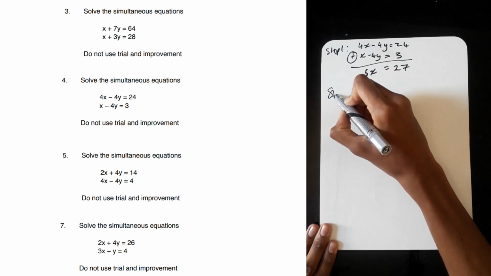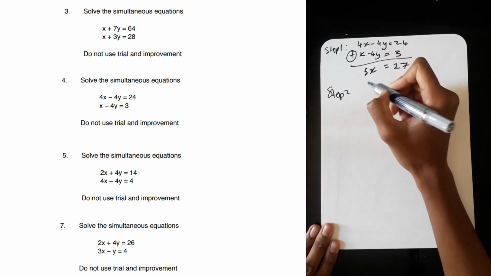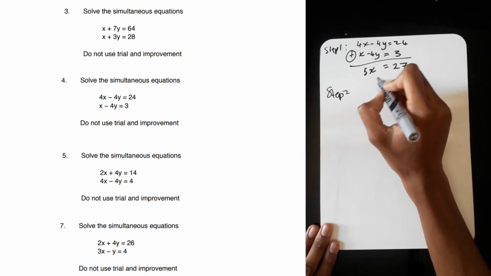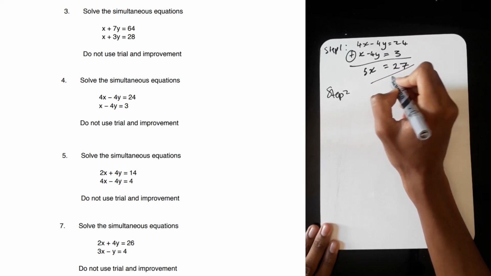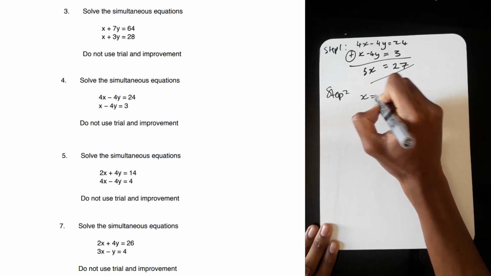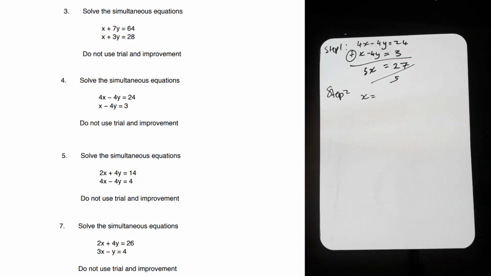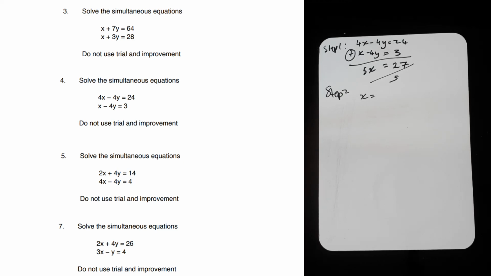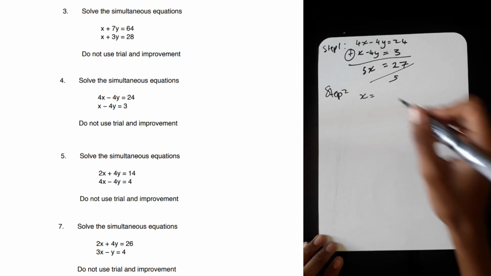So step 2, we divide this by 5. So step 2 is going to be x equals 5.4.